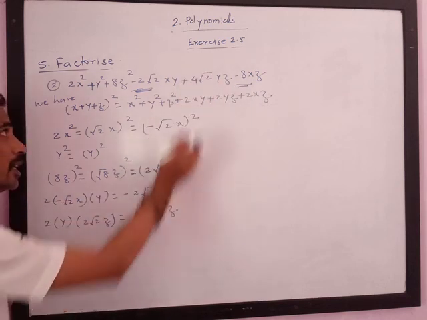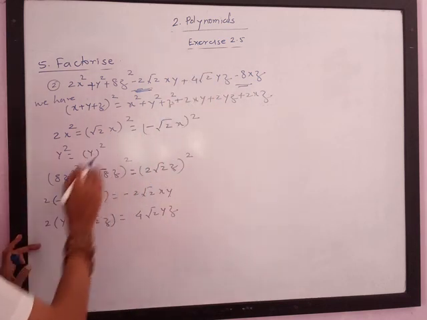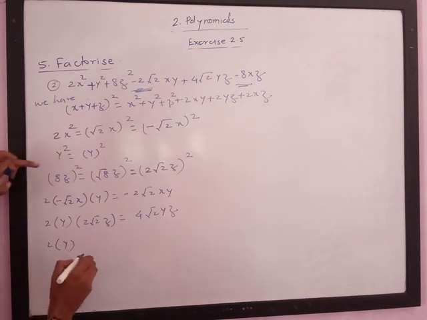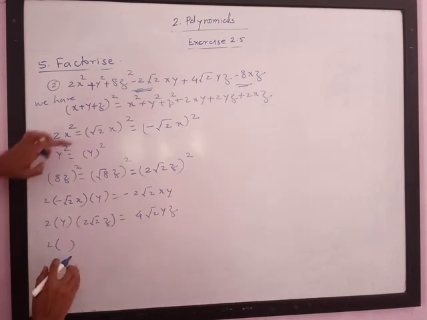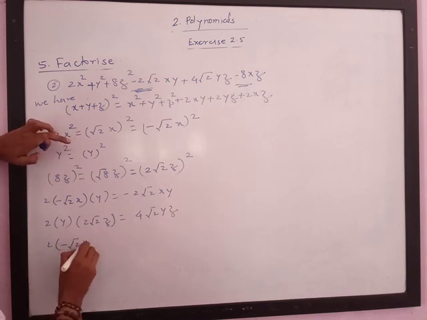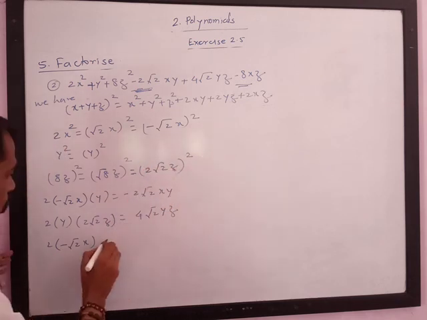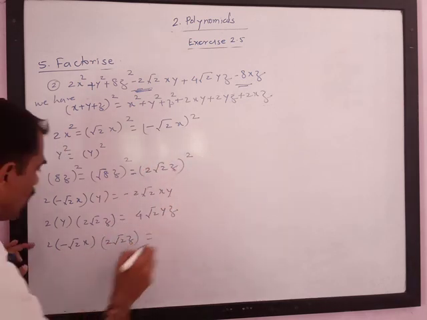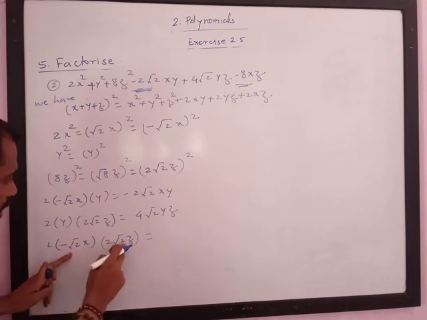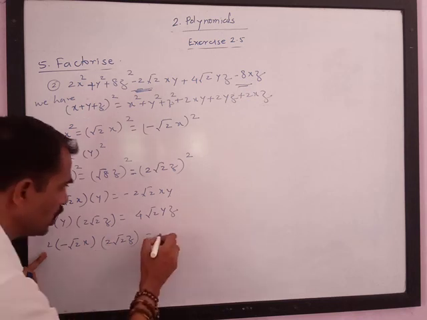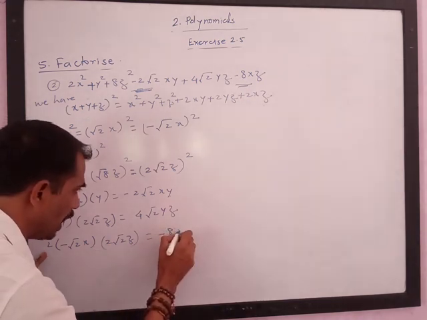So we have got the next term also. Let us check 2 multiplied by first and third: 2 multiplied by negative root 2x into 2 root 2z. If you expand this, root 2 into root 2 is 2, so 2 multiplied by 2 multiplied by 2, that is equal to negative 8xz.